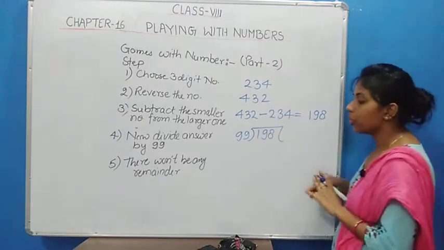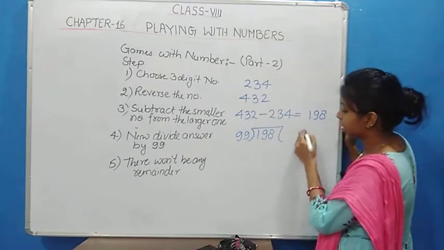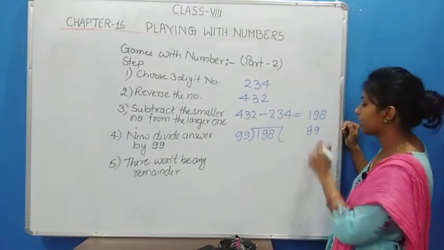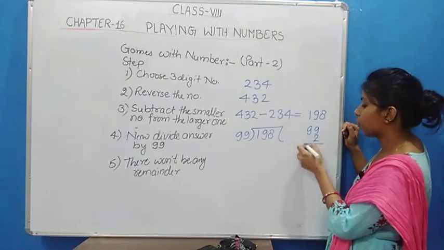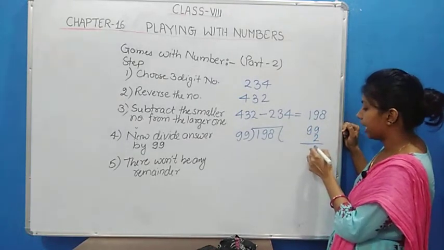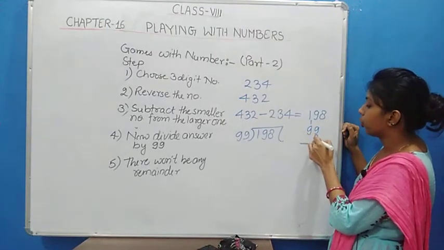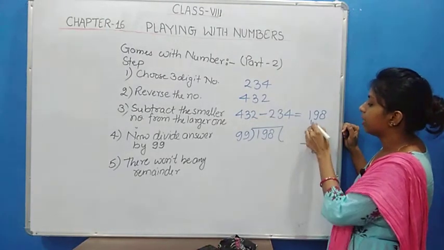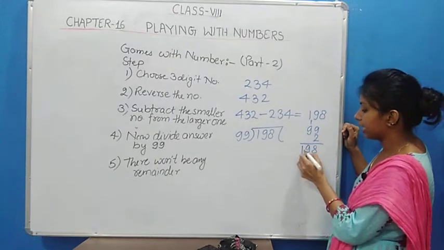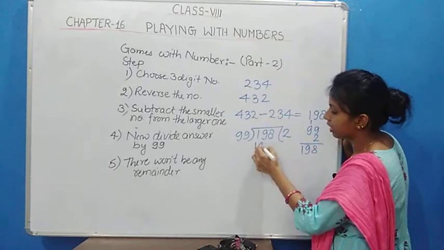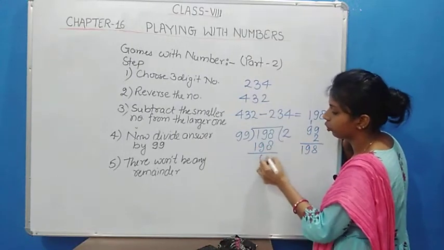How are we going to do this? We don't know the table of 99, but 99 times 2: 2 times 9 is 18, and 2 times 9 is 18 plus 1 is 19. So 99 times 2 is 198, and the remainder is going to be 0.